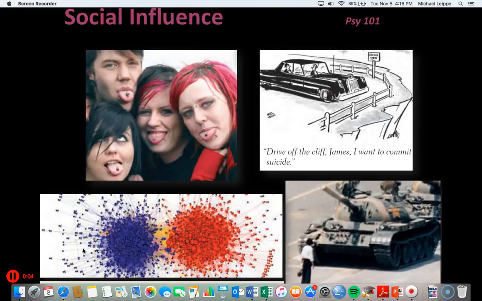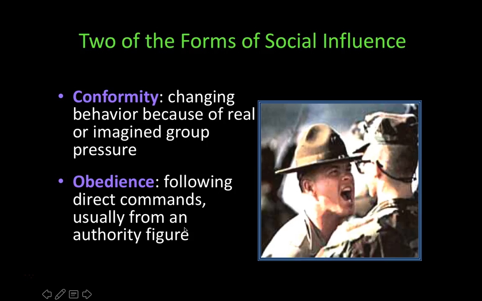The narrated lecture today will be all about social influence. Two forms of social influence that we'll be spending a considerable amount of time on in this narration will be conformity and obedience.